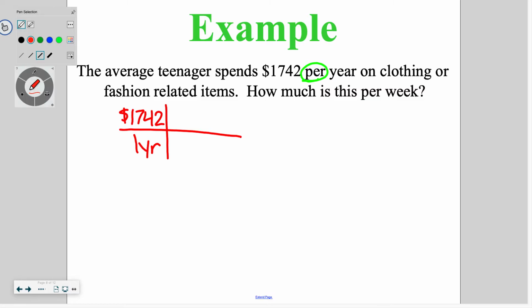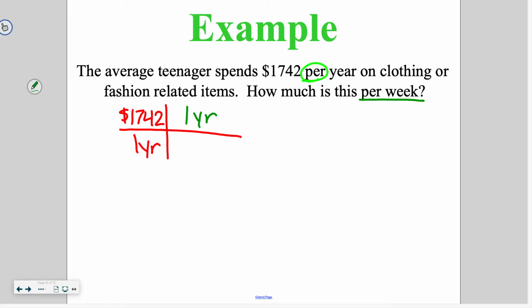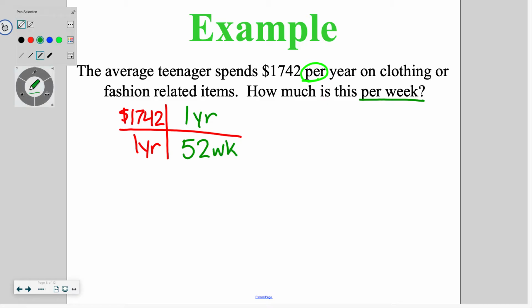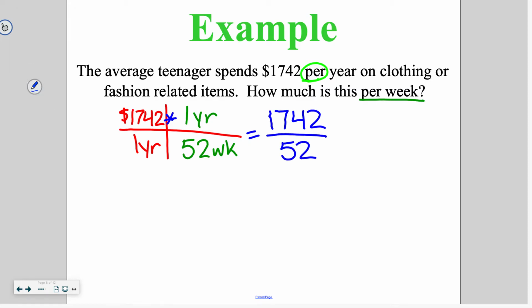Now, when you are trying to figure out what to convert, we need to look at our question. And it says, how much is this per week? So it's not asking us to change the dollar value, it's asking us to change the amount of time. So we need to line this up, and we know that 1 year is equal to 52 weeks. Those are equal quantities. So we need to multiply across now, which is going to give us 1,742 over 52.